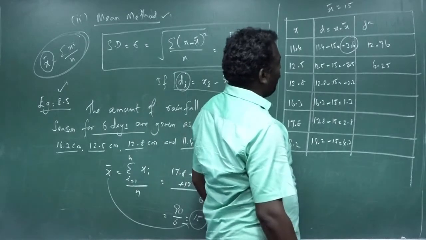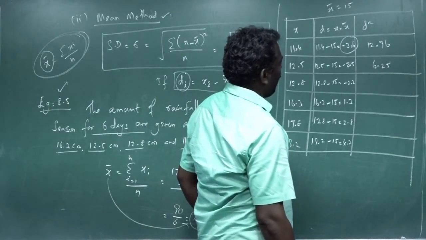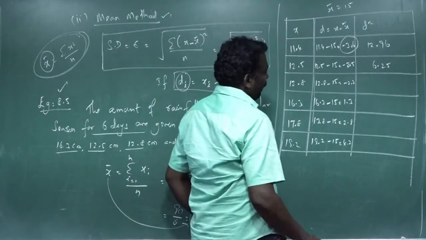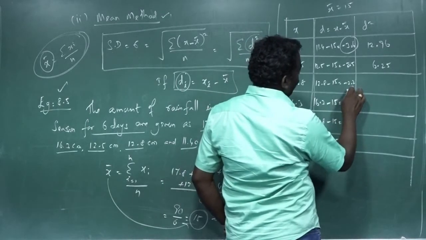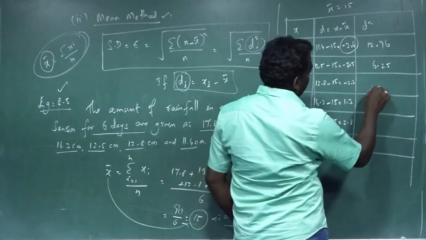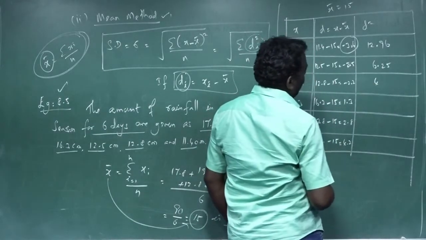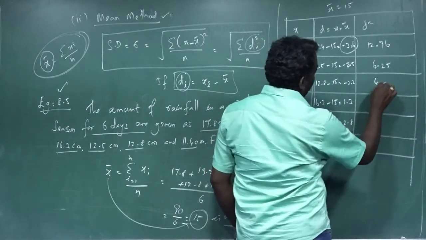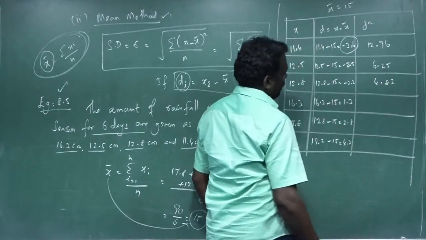Minus 2.5 into minus 2.5, minus times minus is plus, 6.25. Then minus 2.2 into minus 2.2.